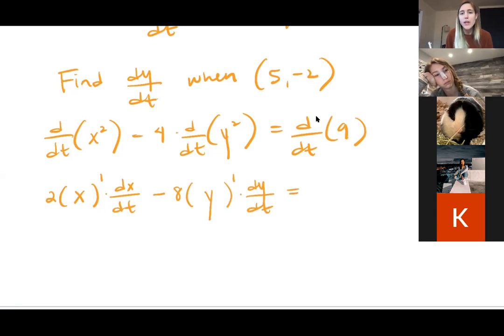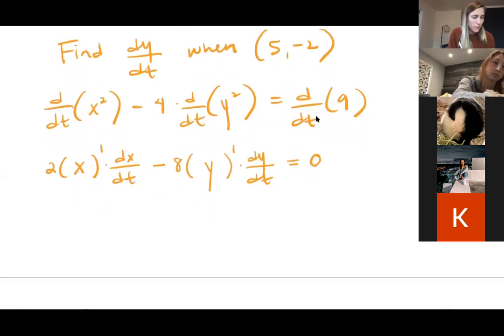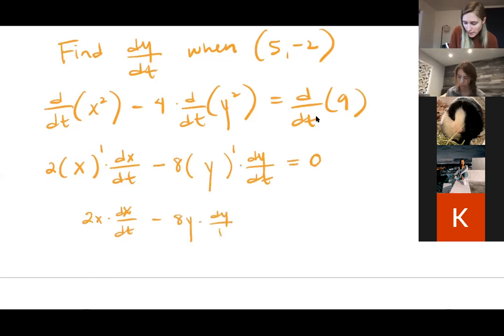And the derivative of the constant 9 with respect to t will just be 0, just like before. So just cleaning that up a little bit, that's 2x times dx over dt minus 8y times dy over dt equals 0.